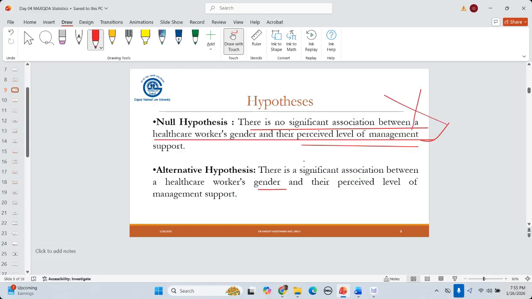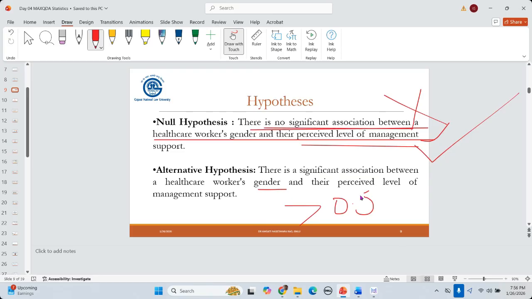It means there is a significant association between healthcare workers' gender and their department. But in case our p-value is greater than 0.05, it means we fail to reject the null hypothesis. Instead of saying we are accepting the null hypothesis, we report that we fail to reject the null hypothesis. Means there is no significant association between gender and department.